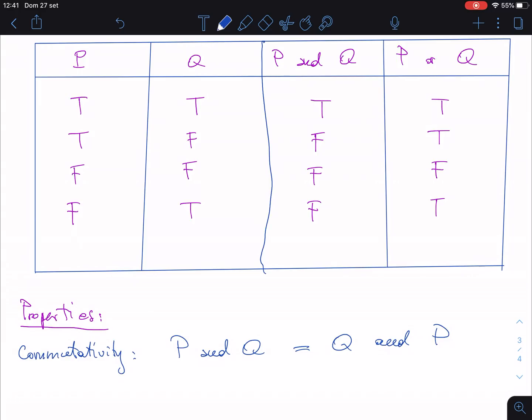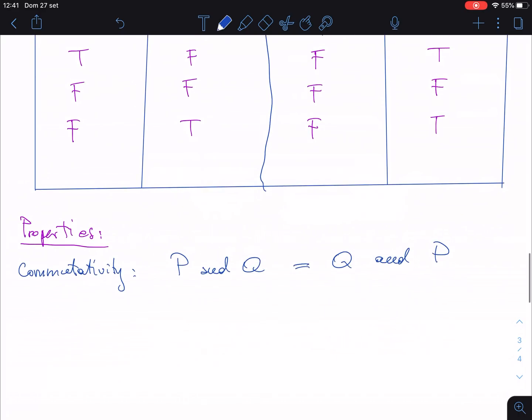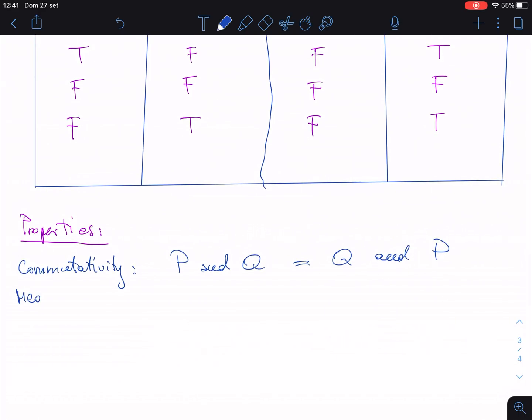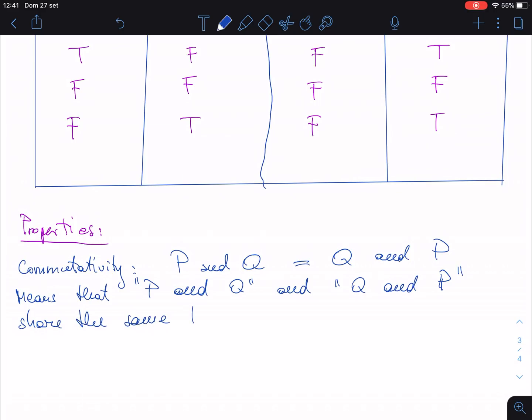It means that the table of truth of P and Q is equal to the table of truth of Q and P. I write it, so this means that P and Q and Q and P share the same table of truth. Okay, this is the property of commutativity.